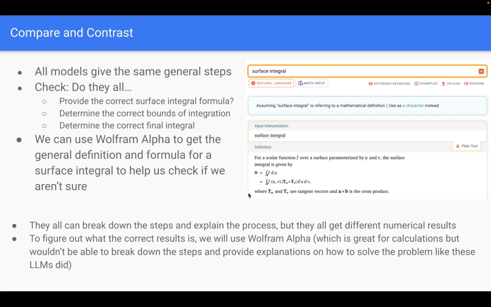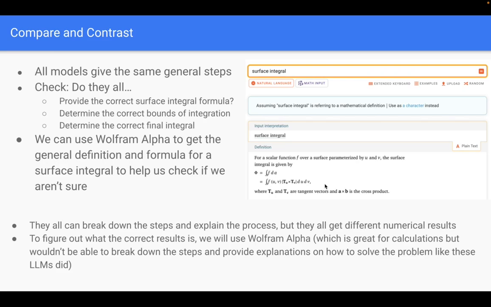For a scalar function f over a surface parameterized by u and v, the surface integral is given by this expression down here, where Tu and Tv are tangent vectors, and a cross b is the cross product. We find the tangent vectors by calculating the partial derivatives of our function, and that represents the directions of the change in the surface with respect to, in this general equation, u and v.